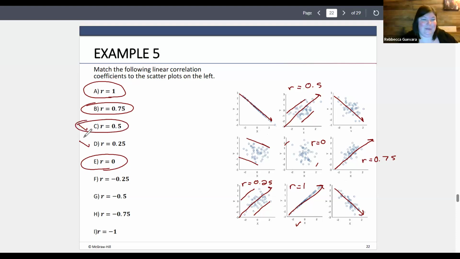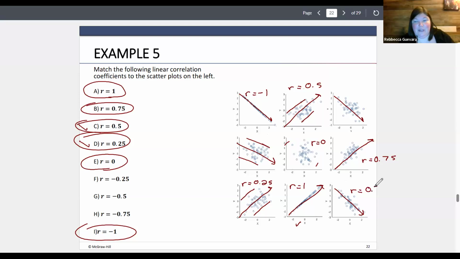Okay, so that took care of all these ones. So this one's easy to find. R equals -1. Then we have the 3 negative relationships left to look at. This one is clearly a straighter line out of the 3 that are left.